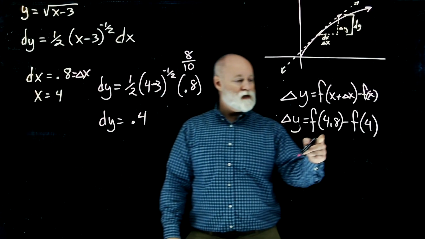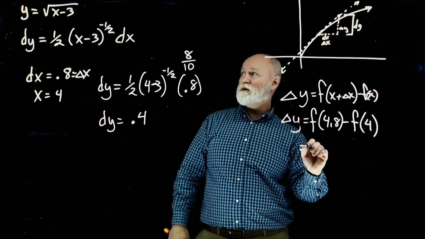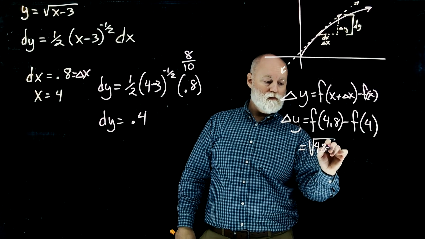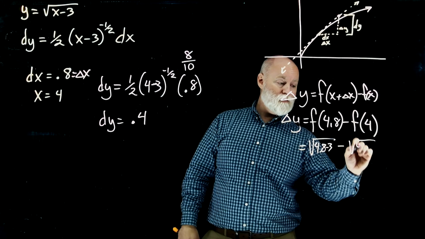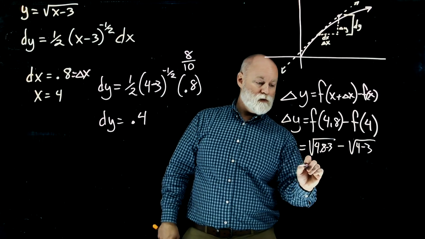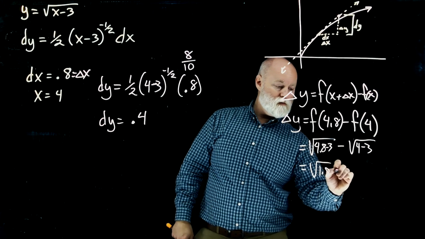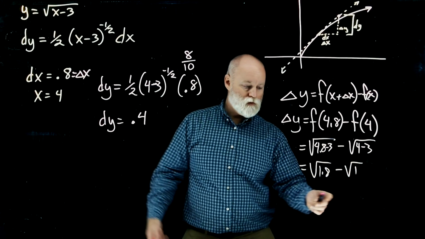We take 4.8 and plug it into the function, so we're doing the square root of 4.8 minus 3 minus the square root of 4 minus 3. So we end up with the square root of 1.8 minus the square root of 1.